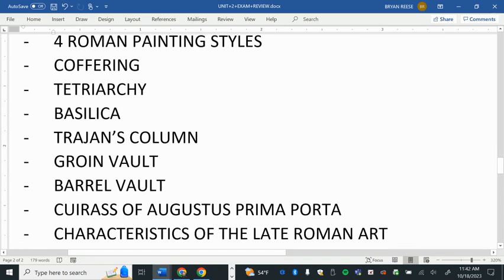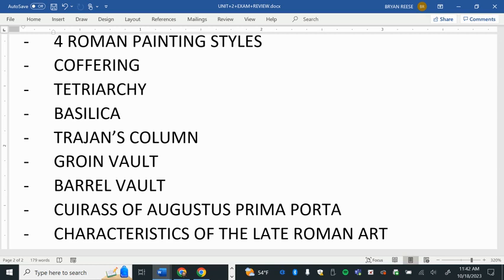All right. The characteristics of late Roman art. Yes. And we call that iconic. There's the realism of the Roman Republic. That is very early Rome.